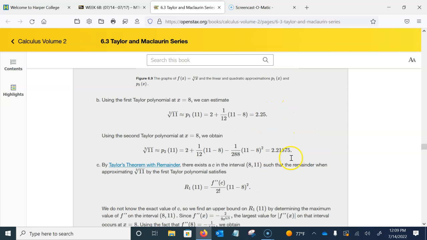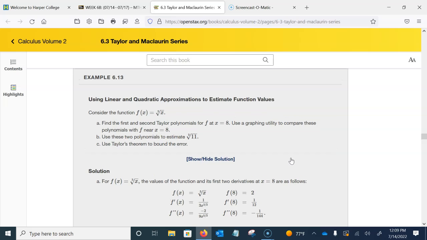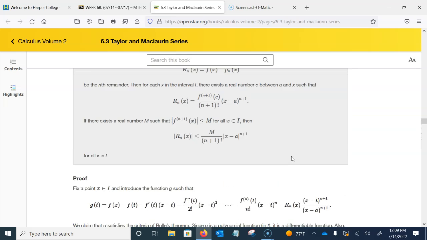So now, if I go back to the remainder theorem here, the bound on the remainder for whatever polynomial you're using is less than or equal to M, where M is the maximum of the n plus 1 derivative.